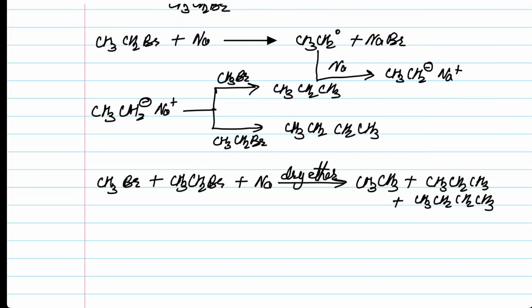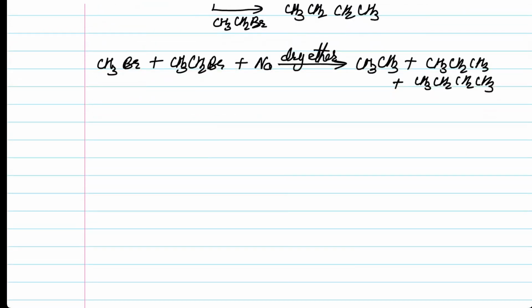Now, this particular problem leads us to believe that Wurtz reaction has certain limitations. There are three limitations of the Wurtz reaction. The first limitation is that Wurtz reaction cannot be used to prepare methane. Factually speaking, why would we like to prepare methane using Wurtz reaction? But still, that is a slight limitation.